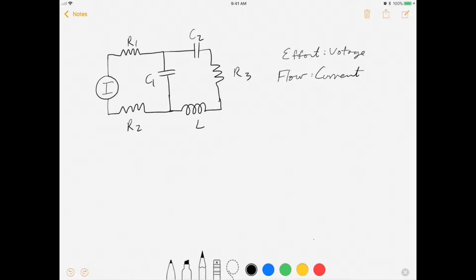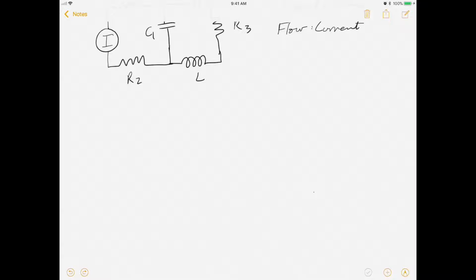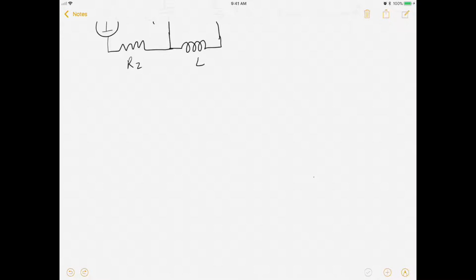And so let me draw out our ones and our zeros so that you can see how we're going to start this bond graph, right? We're going to have a 1 right here. Let me switch pens so it's a little clearer. We're going to have a 1 right here. We're going to have a 0 right here for the common voltage, right? And for the other current loop, we're going to have a 1 again.